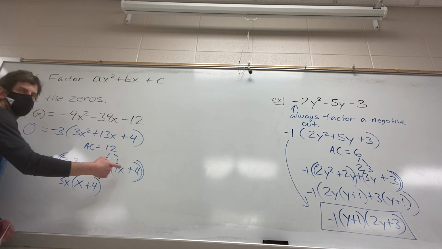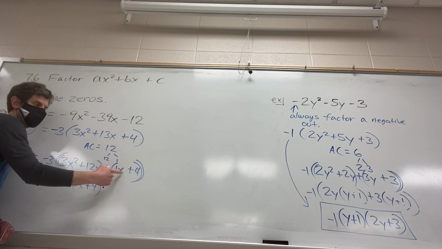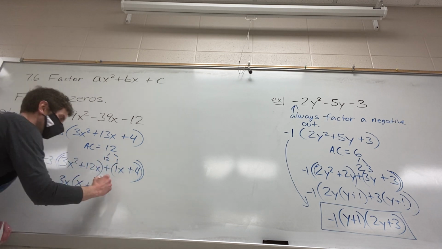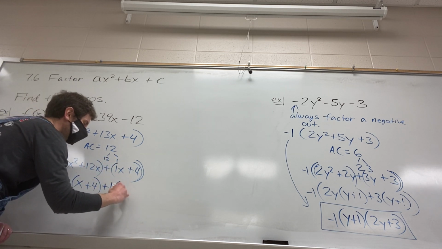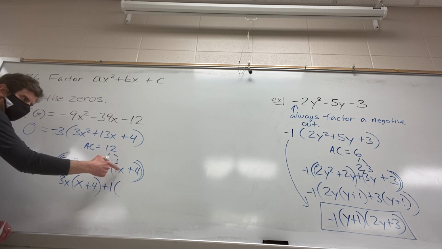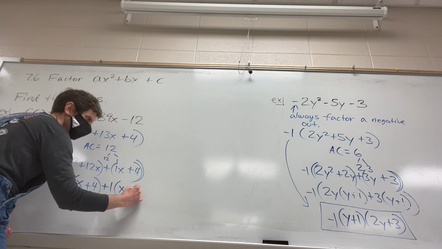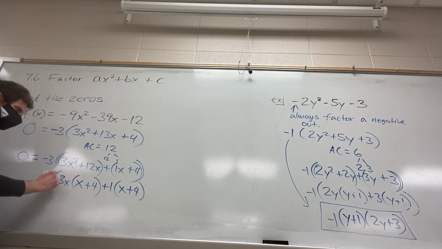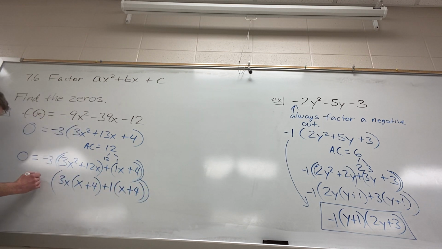Back here we are again. What comes out of 1x plus 4? 1. We're going to write a 1. Do you see how that 1x isn't really needed? You can just write x plus 4. And then what's on the outside of all this? -3 and a 0.